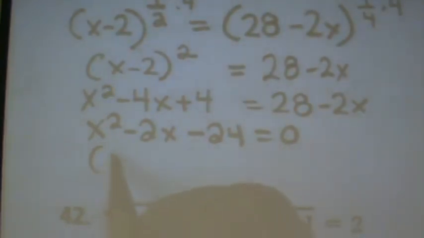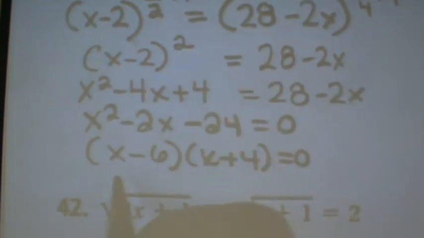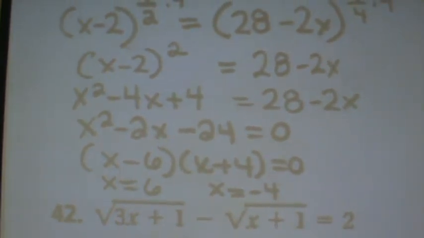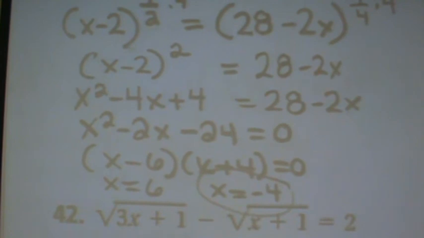I'm gonna factor. So 6 and negative 4 are your possible answers. You're going to have to check them. I'm gonna tell you right now, negative 4 is gonna be extraneous. So 6 is the only answer that works. On your test, you're gonna have to take a second and plug these numbers in and see if they work.